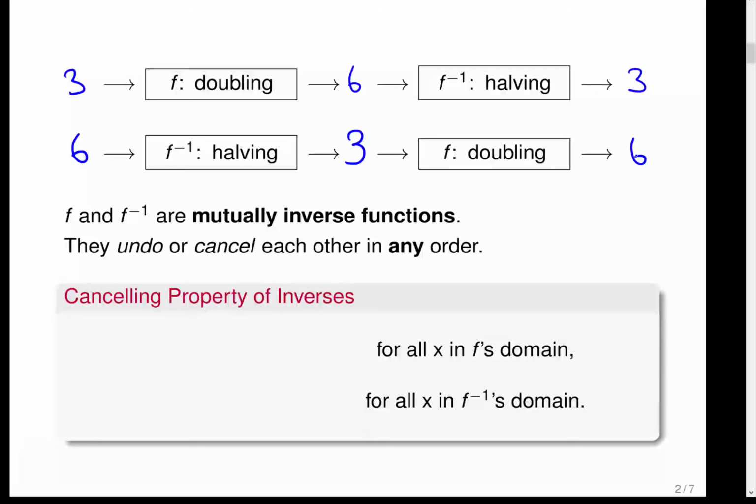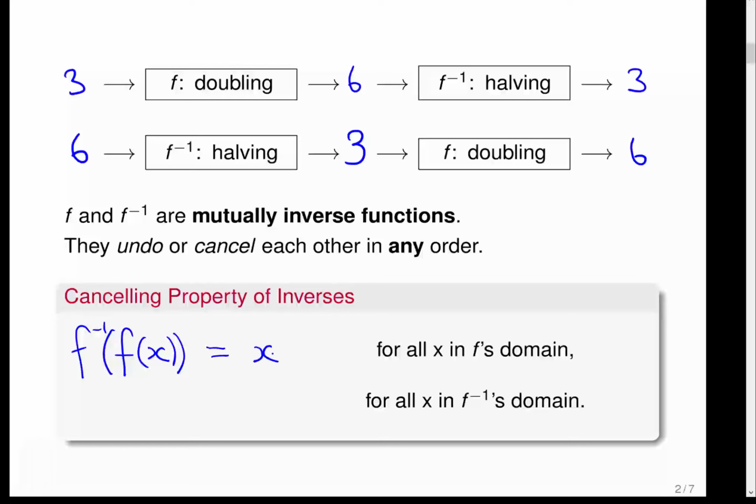Algebraically, this so-called cancellation property of inverses can be stated in the following way. For any input x in the domain of f, if you apply the function f, and then immediately undo the function by applying its inverse function on the output, you'll recover the original input.